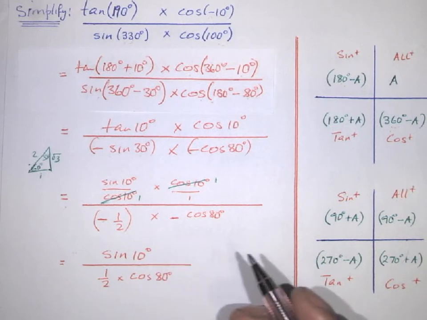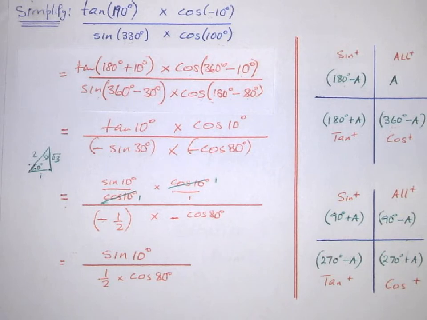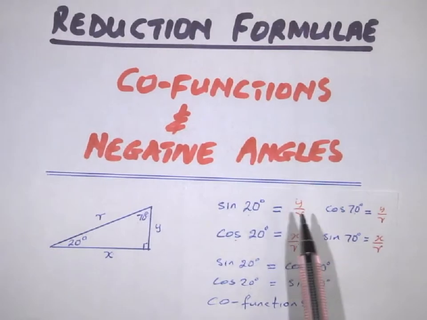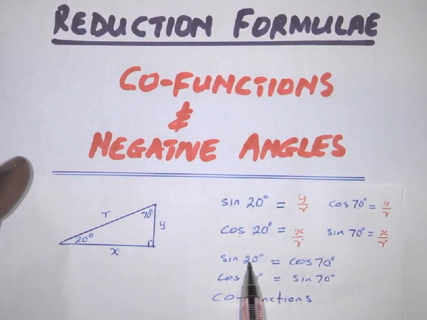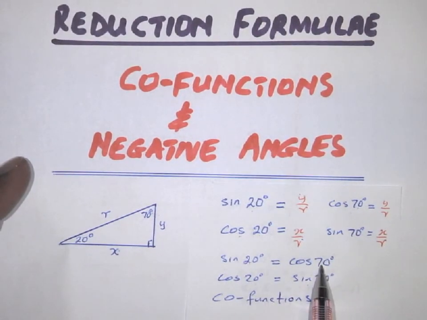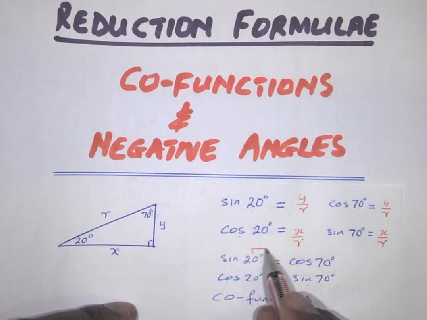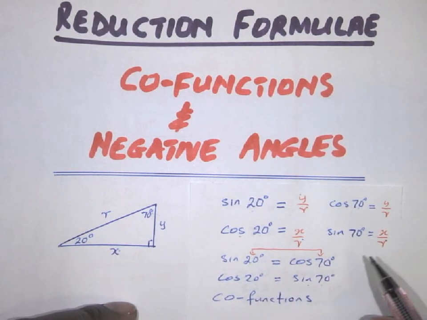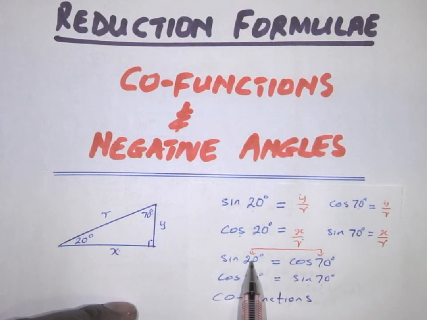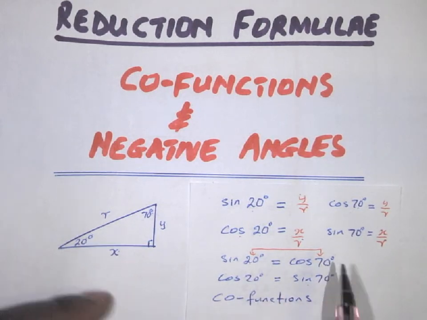Now remember from the previous example, in our introduction, we said sine of 20 degrees is the same as cos of 70 degrees. If you check these angles here, when we add them, they give you 90 degrees. So sine of 20 will be the same as cos of 70 degrees.